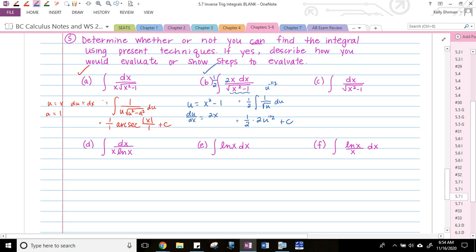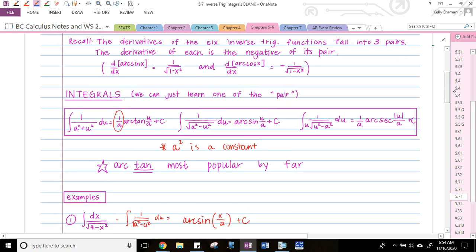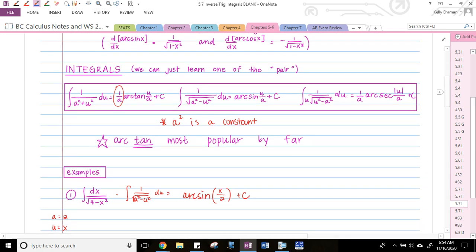All right, what about our next one? Anytime I see square root of a difference of squares, I'm thinking inverse trig. Let's go back and look. 1 over the square root of, we need it to be a squared minus u squared.